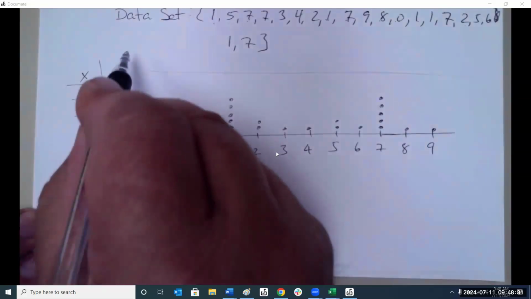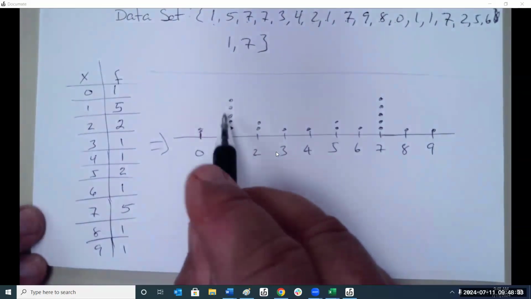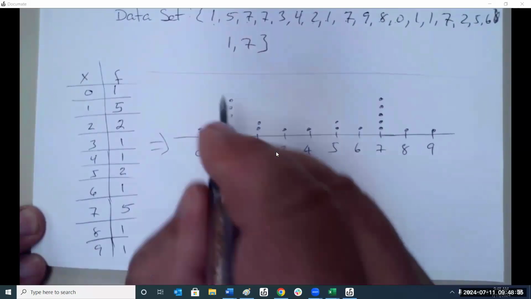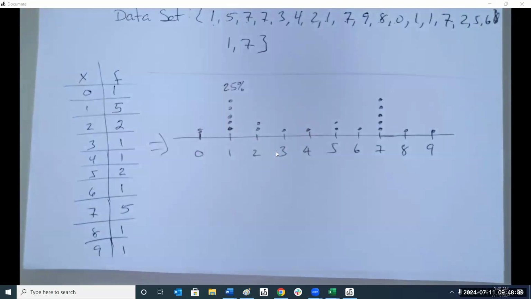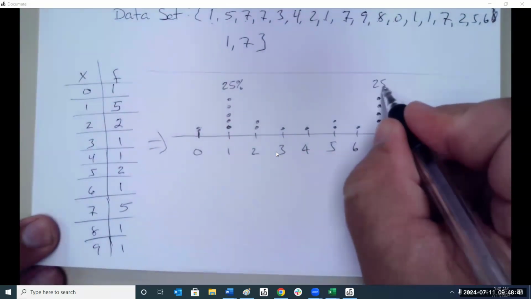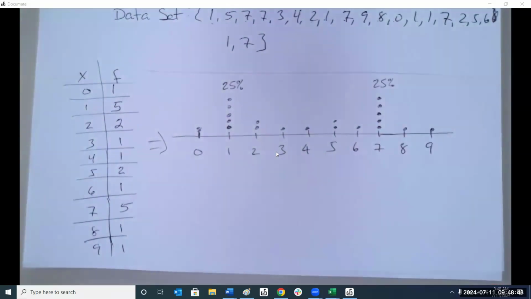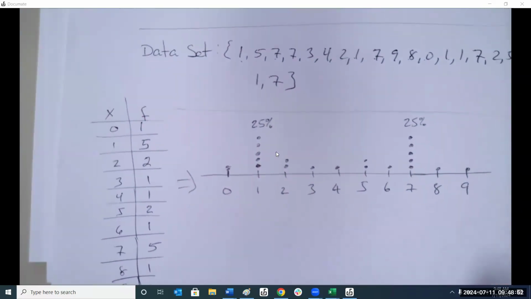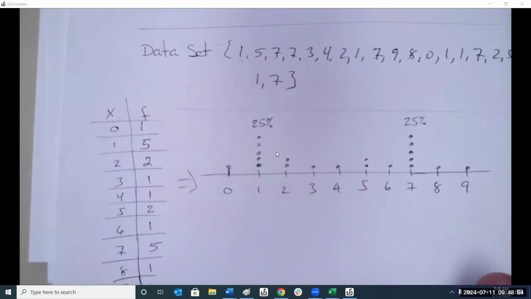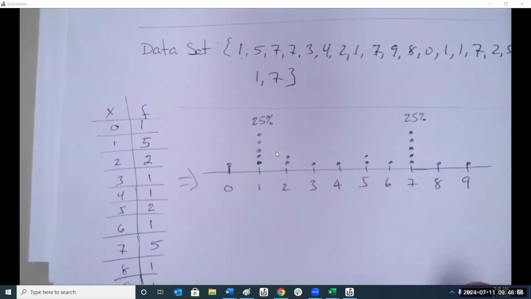All we could do is find the relative frequency and say that because there's 20 numbers and there's 5 there, this is 25% of the data. This is 25% of the data. Okay, so that's what we're looking at there. So again, the choice of graphs that you use for your analysis is very important because it's supposed to help make it easier to interpret what the data is saying.